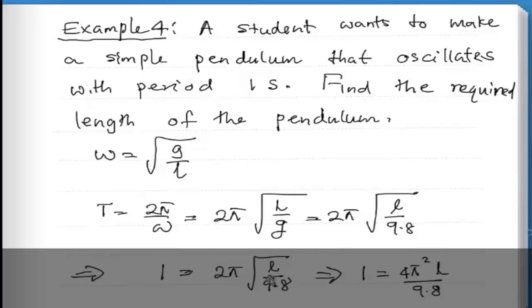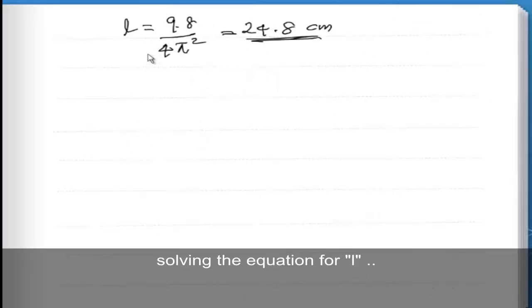By squaring both sides, we get 1 equals 4 pi squared over 9.8 times L. Solving the equation for L, we get L equals 9.8 over 4 pi squared.